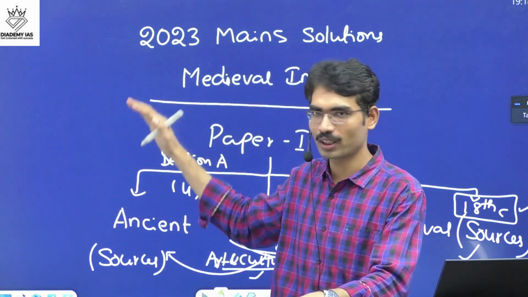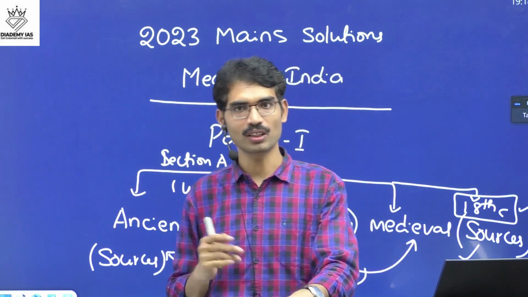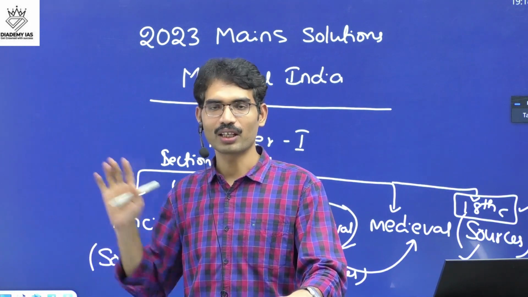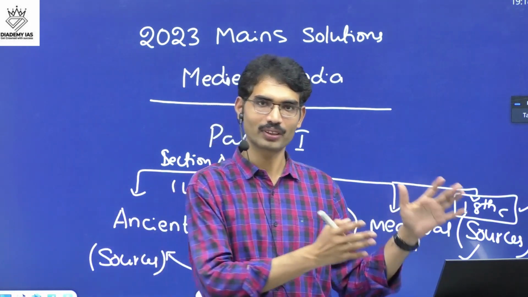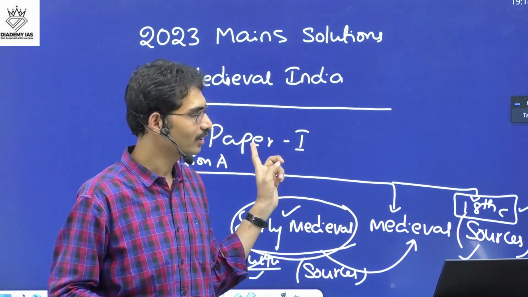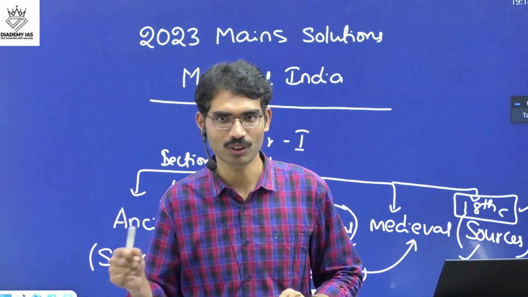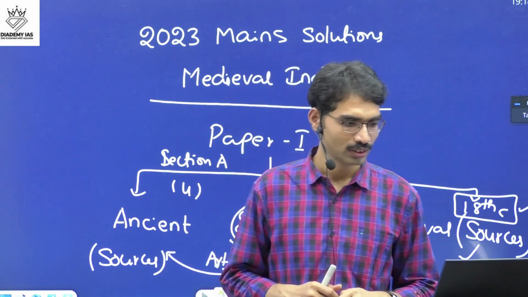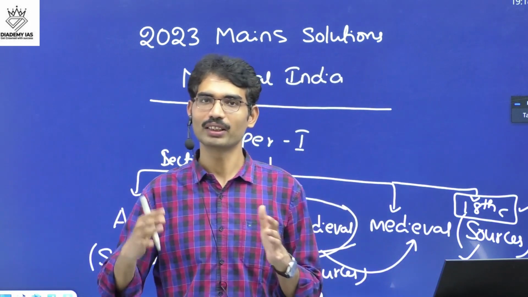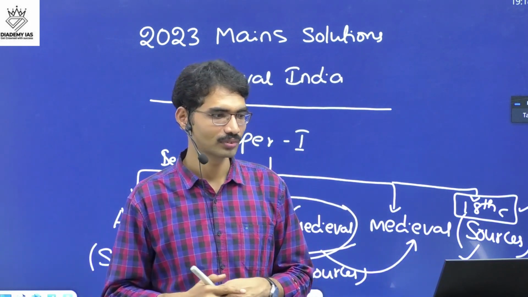I have prepared model answers also for paper 2, like the way we discussed yesterday for ancient and medieval today. Similarly, in coming days, we will discuss modern India and modern world also, so that you will have a complete idea with model answers in front of you.